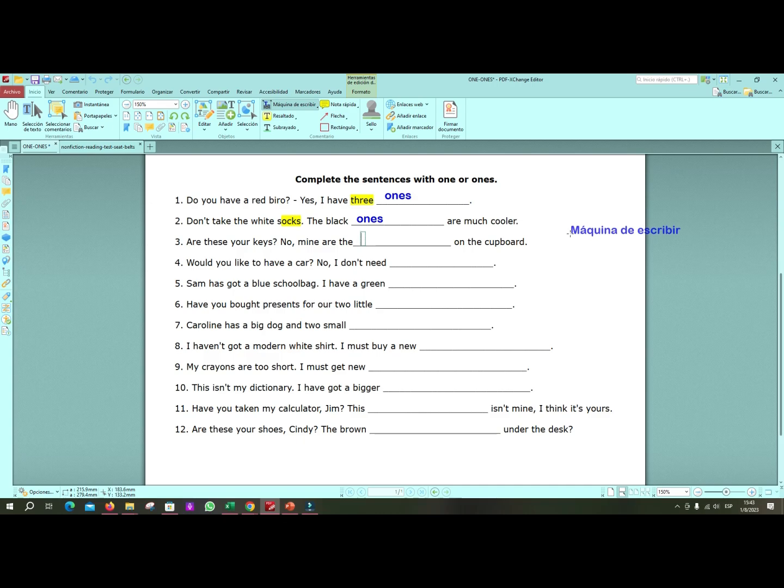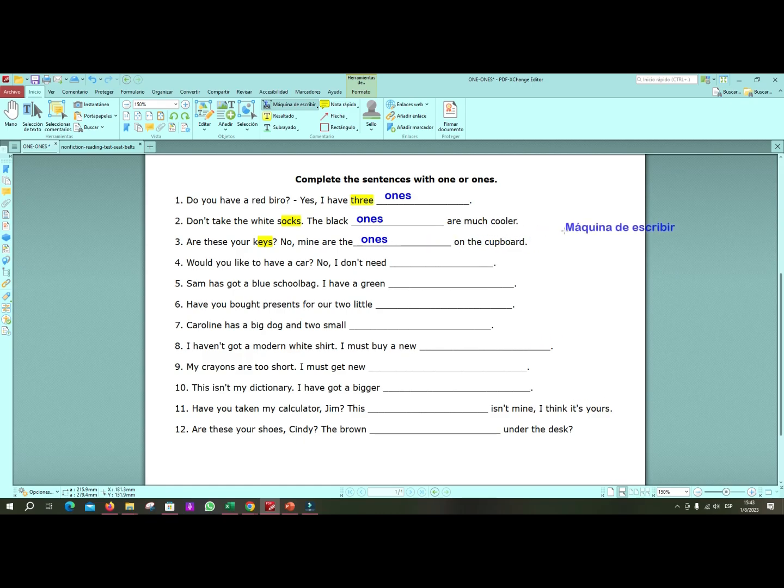Okay. Ones. Okay, so are these your keys? No, mine are the ones on the cupboard. So there, look, keys. That is plural. Okay, thank you. Yes, that is correct, Kenneth. Ones.